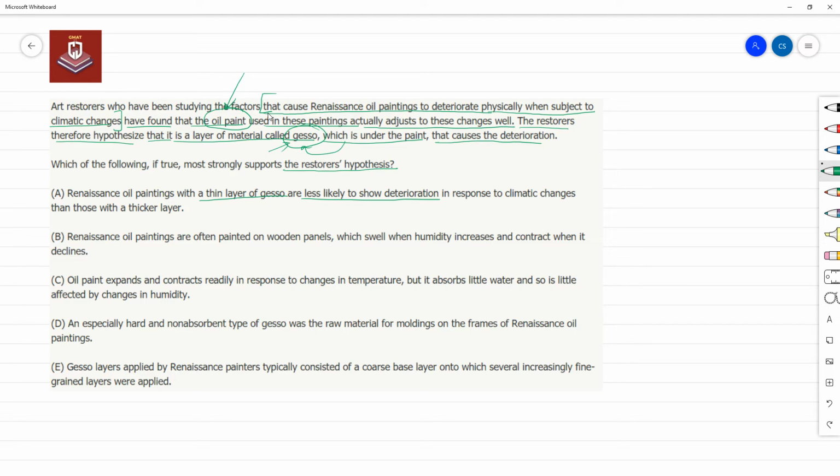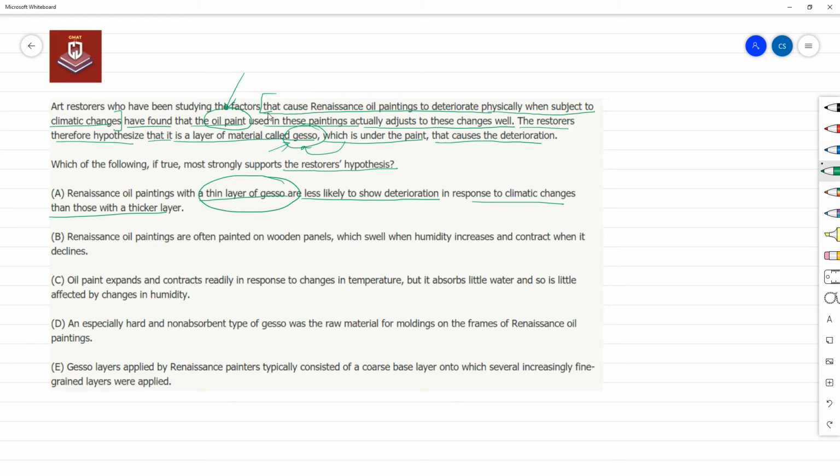Option A, Renaissance oil paintings with a thin layer of gesso are less likely to show deterioration in response to climatic changes than those with a thicker layer. So paintings with the thin layer of gesso are less likely to show deterioration than paintings with a thicker layer of gesso. Okay, so the more the gesso, the more likely the painting is to show deterioration.